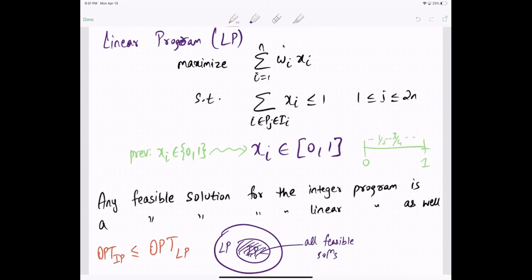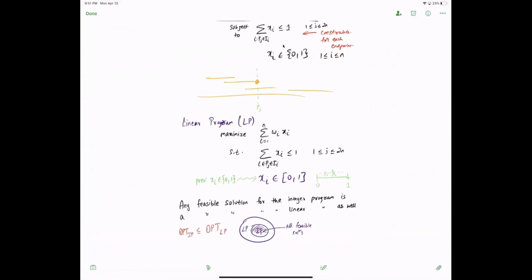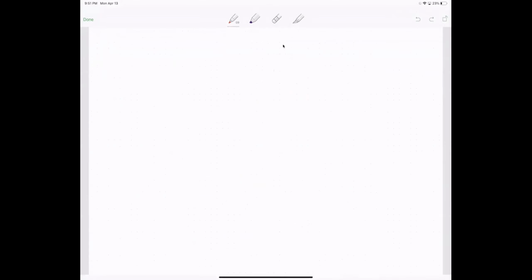So now that we have set up the linear program, how can we go about using this linear program? So let's assume we have run it on a linear programming solver and it spits out a value of all the xi's, right?